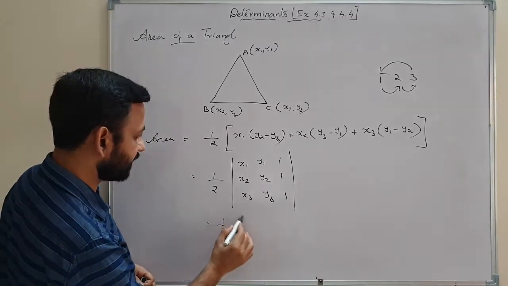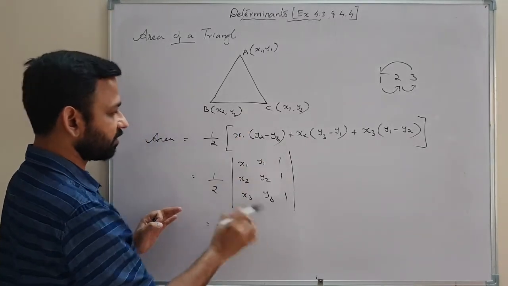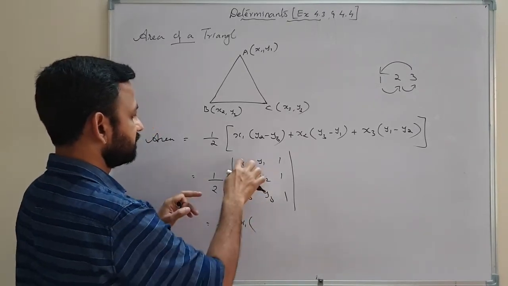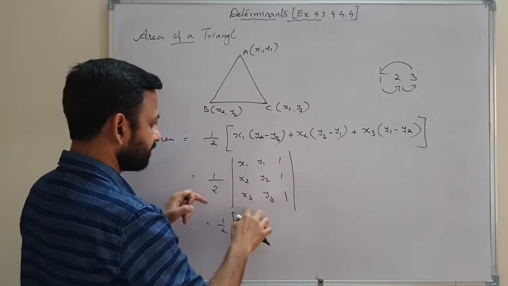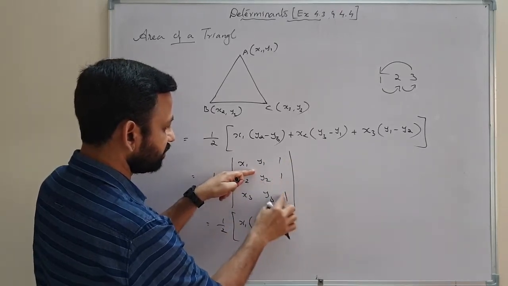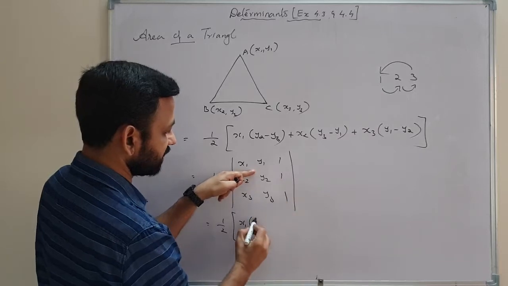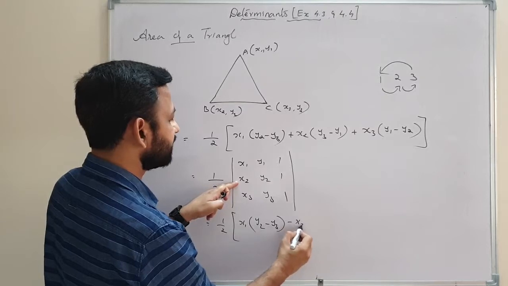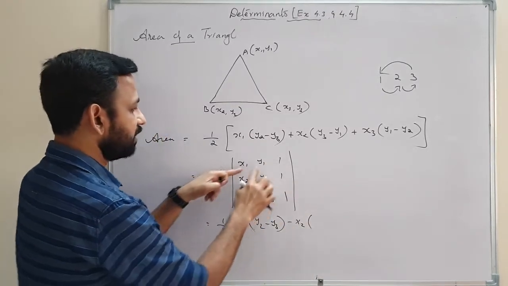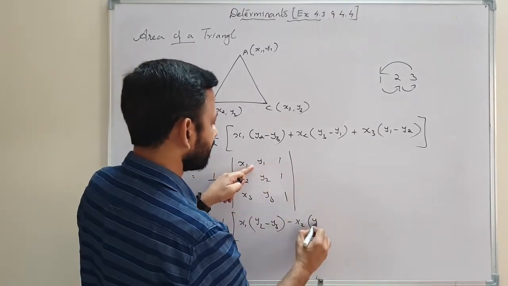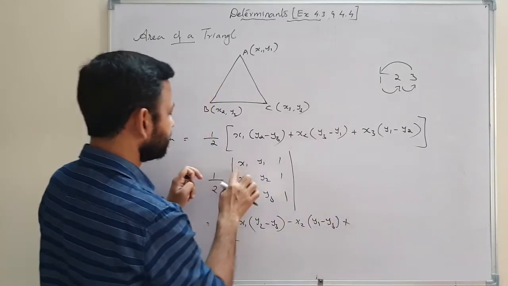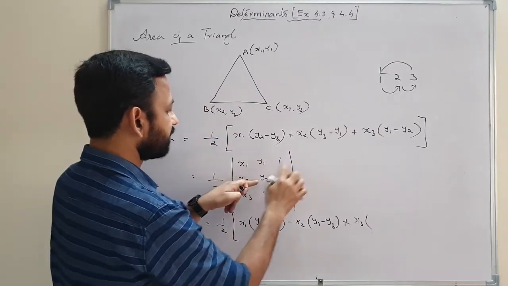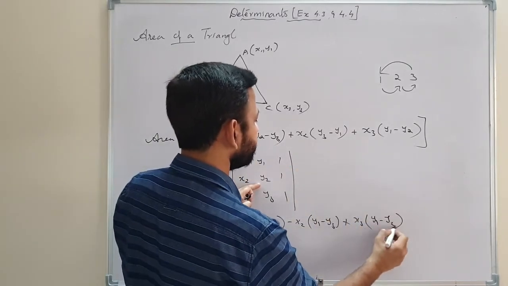If you have any doubt, just expand it by using the first column. 1 by 2 into x1 into y2 minus y3, then negative, minus x2 into y1 minus y3, then positive, x3 into y1 minus y2.